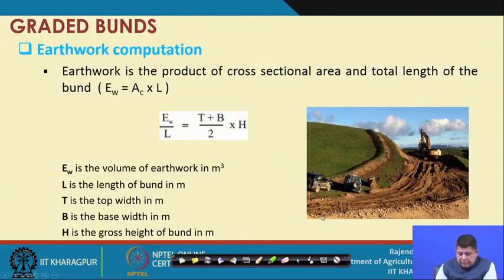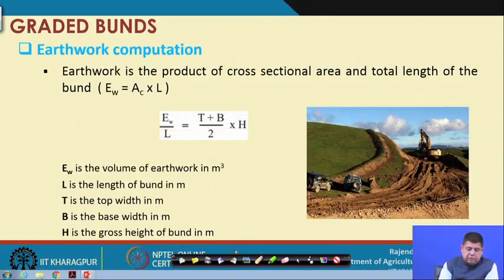And then comes the earthwork computation, like contour bund. Here also earthwork is the product of cross sectional area and the total length of the bund, that is earthwork EW equals A C times L, where A C is the area of cross section. We know it is always a trapezoidal section.